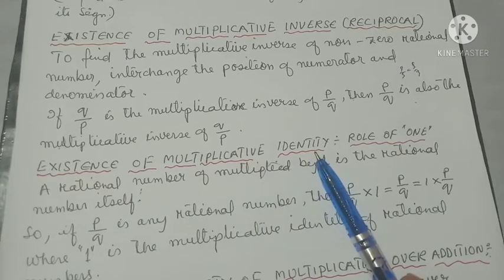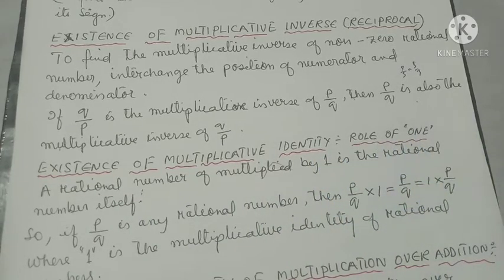Multiplicative identity, that is the role of 1. A rational number multiplied by 1 is the rational number itself. If the rational number p by q is multiplied by 1, then the result will always be p by q. Understand? If any number is multiplied by 1, then the answer will be the number itself.